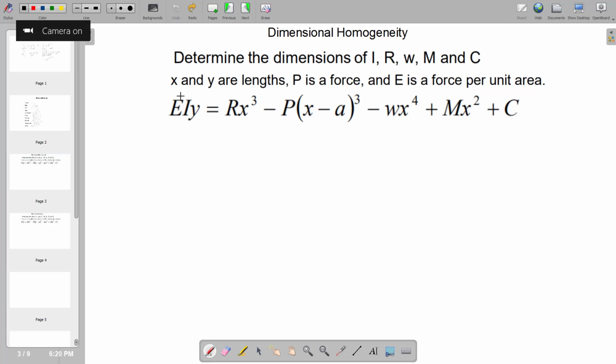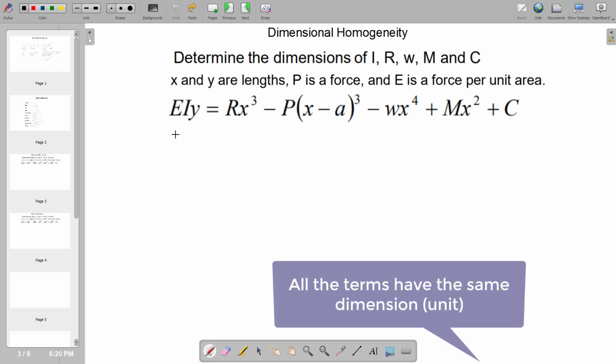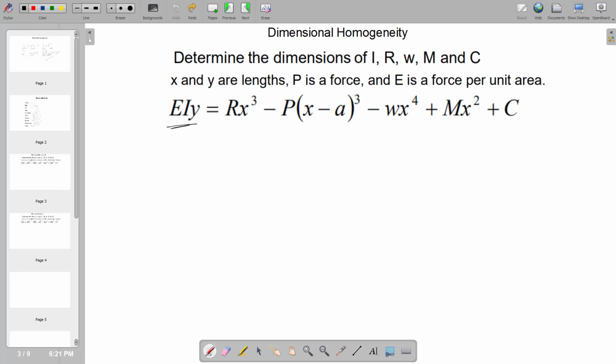Okay, moving on, how do we approach this? What do we know about dimensionally homogeneous equations? We know that each term in the equation will have the same dimension or unit. Now, look at this. EIY will have the same dimension as Rx cubed and will have the same dimension as the entirety of Px minus A all cubed.